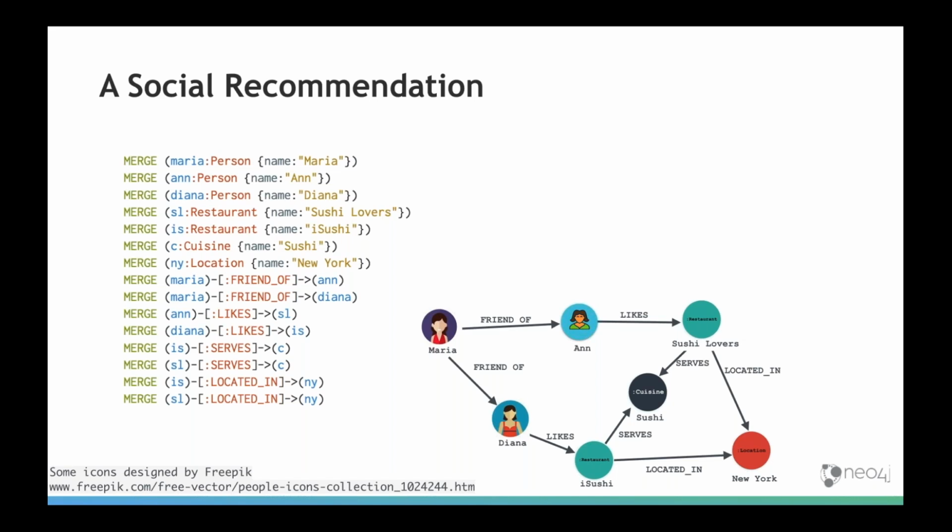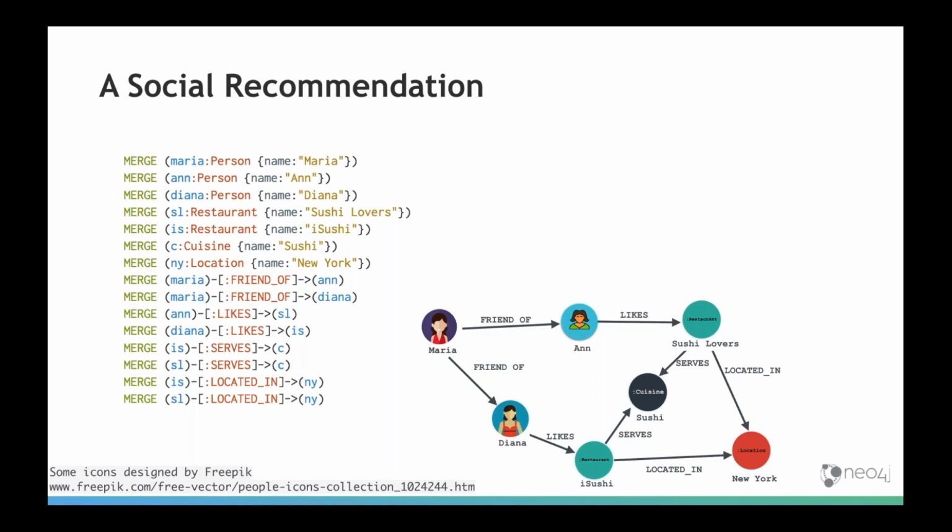If the pattern exists, it fetches it for you. If the pattern doesn't exist, it creates it. So it's a kind of upsert. When I use merge, I can keep adding to my data script and keep running it without having the risk of duplicating my data.